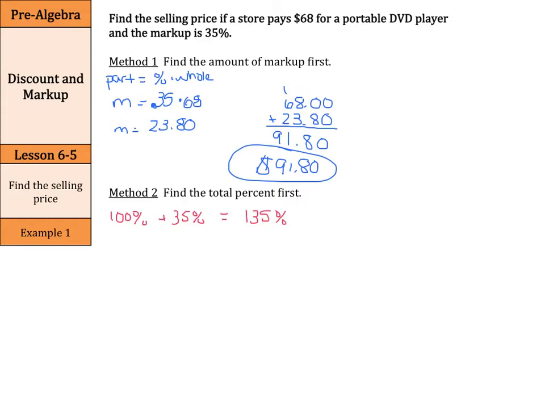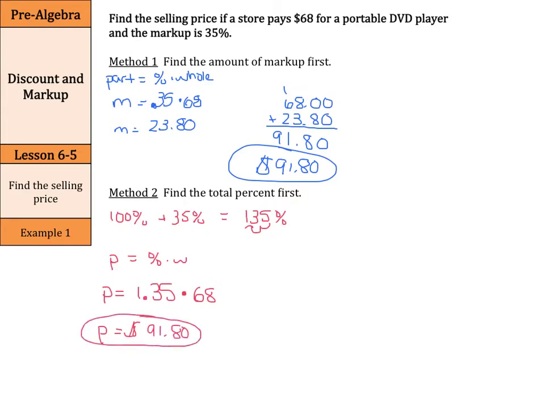So if we use our percent equation, where our part is going to equal our percent times our whole again, we can say, okay, our part is going to equal my percentage, which 135% as a decimal is 1.35, as you have to move your decimal point over twice, times the price the store paid, which was $68. And when you multiply 1 35/100ths by 68, you get $91.80.